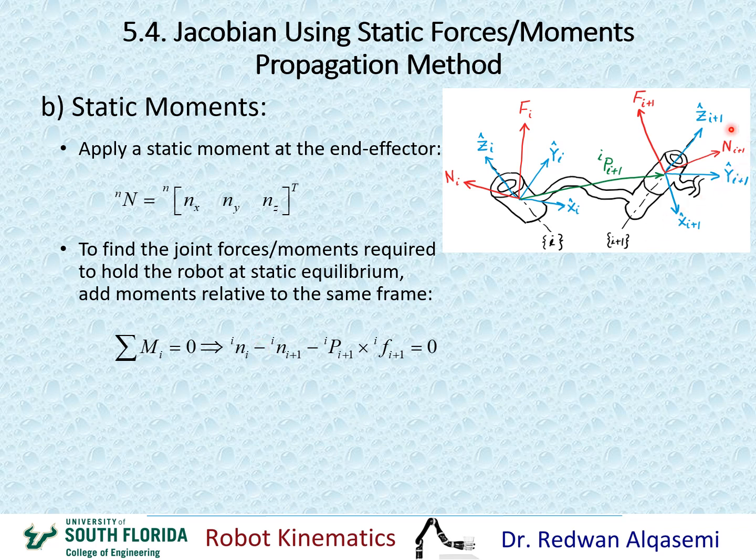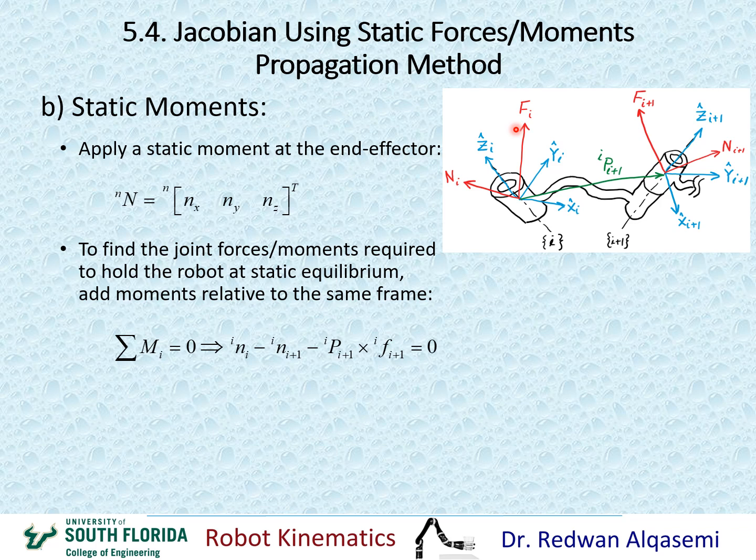That moment is basically the same magnitude, opposite direction to the moment on i due to i plus 1. So that's why we put n of i plus 1 relative to i with the negative sign, so that we know this is the opposite of this moment. Okay, so we're done with moments in i and moments in i plus 1.